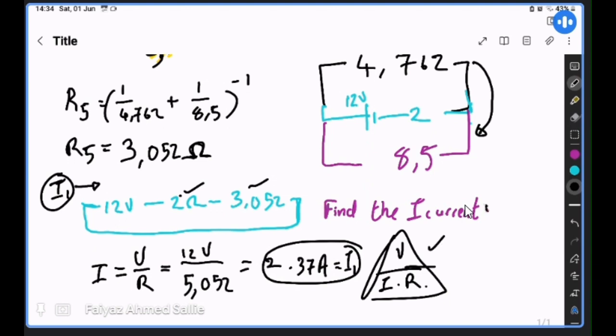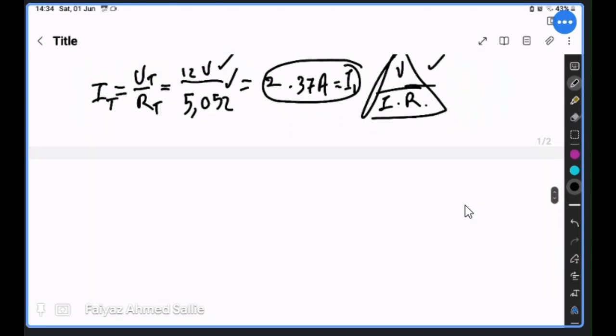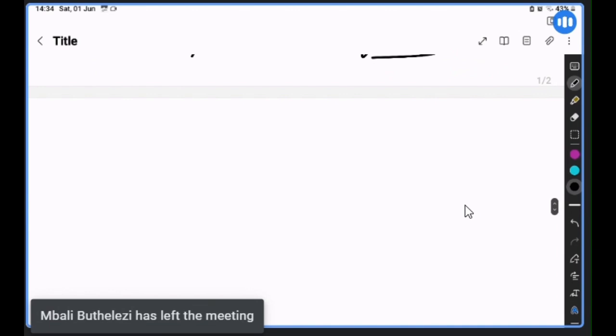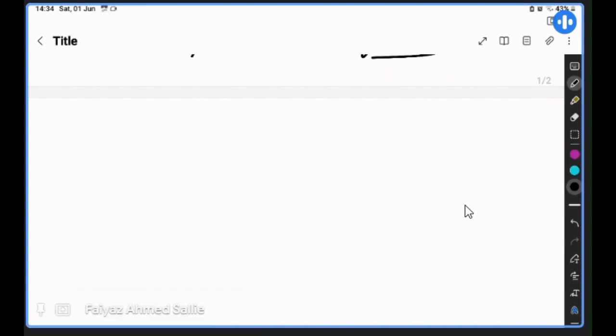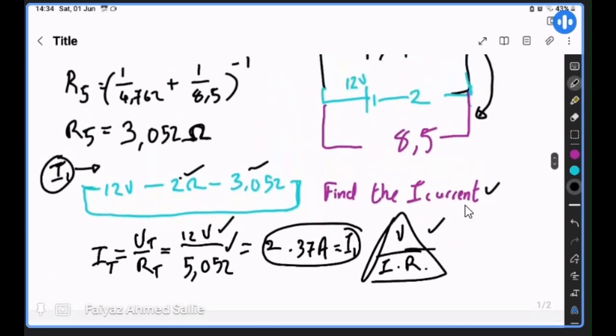So we use Ohm's law to find the current: total voltage over total resistance to get total current. So moving now to the next page, we are going to have to find the voltage in each of the circuits.